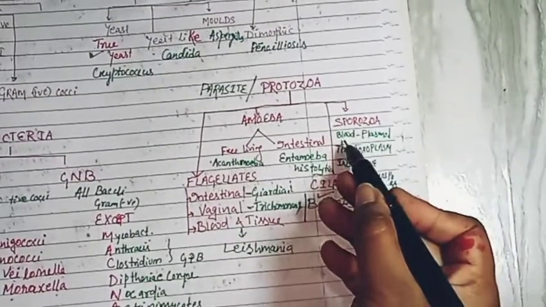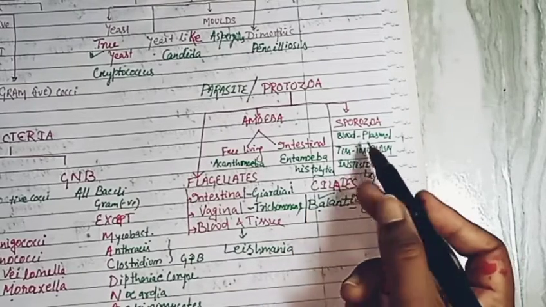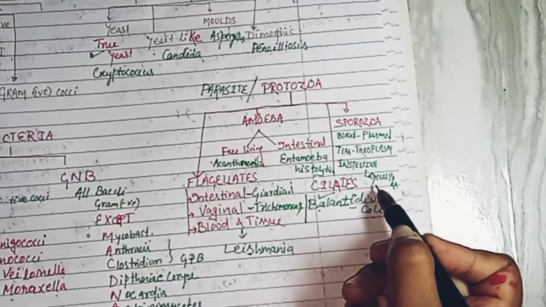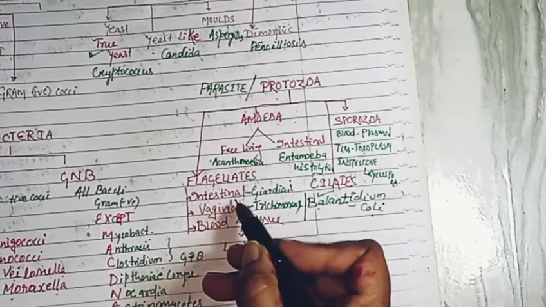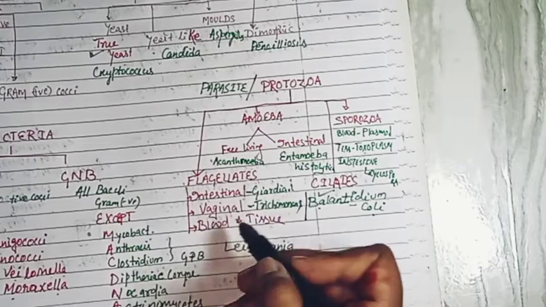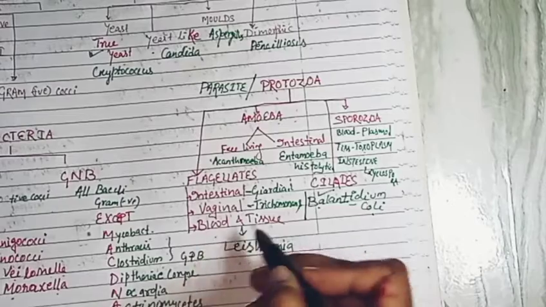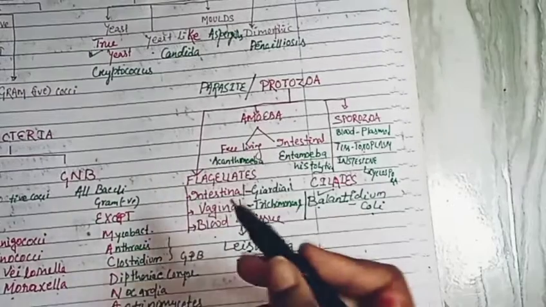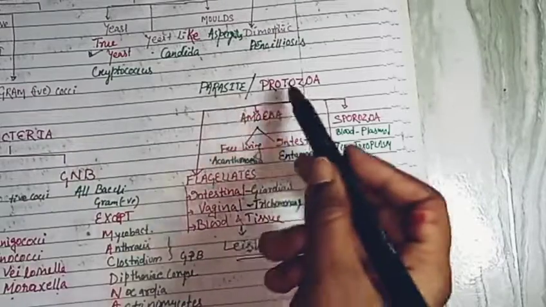In sporozoa, the blood sporozoa is Plasmodium, the tissue sporozoa is Toxoplasma, the intestinal sporozoa is Isospora. In the flagellate case, the intestinal flagellate is Giardia lamblia, the vaginal one is Trichomonas, and in blood and tissue, Leishmania. These are examples of different kinds of protozoa and fungus.